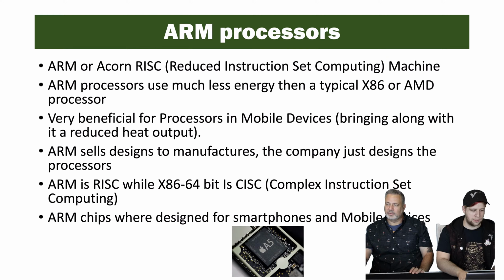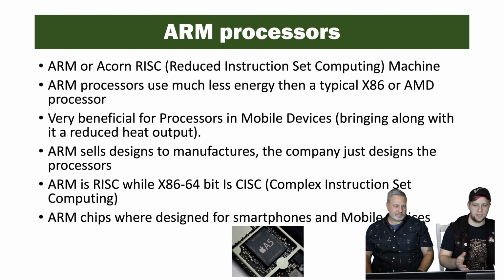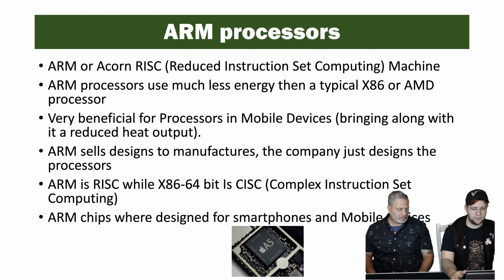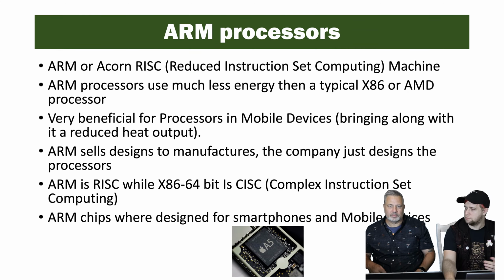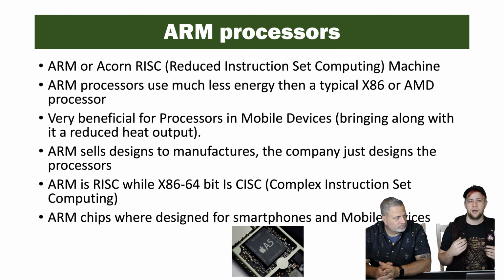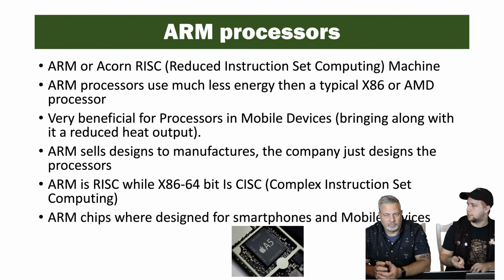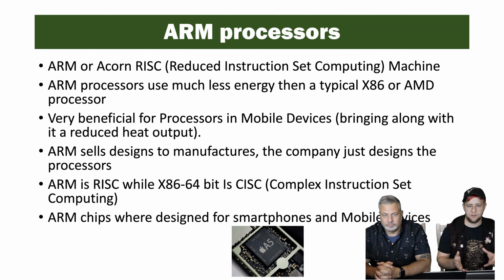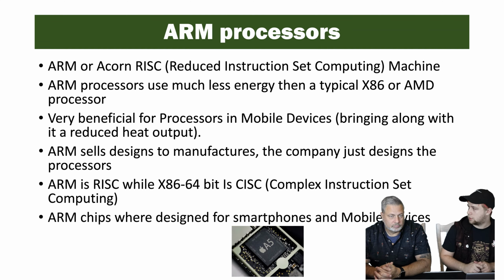Which brings us to our next slide, which is ARM processors. ARM is more common with mobile devices, so we didn't really count them in the previous battle of red versus blue. Previously they were more suited for mobile devices, but moving forward they're going to be playing a bigger role in computing and desktop functionality, which is really cool.